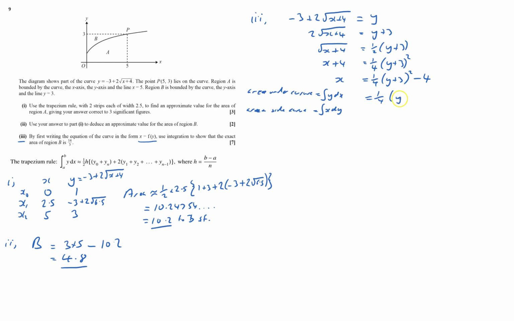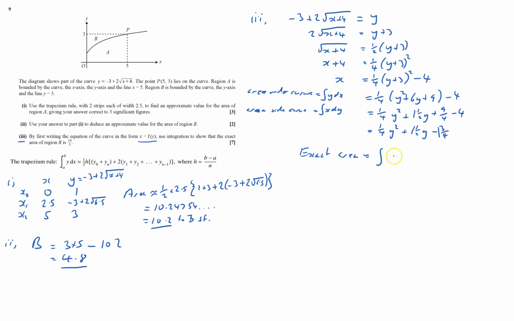So a quarter of y plus, I'm squaring this, so it'll be y squared plus 6y plus 9, minus 4, which equals a quarter of y squared plus 1.5y plus 9/4, take away 4, and that is a quarter of y squared plus 1.5y plus 2.25 minus 4, which is minus 1.75.